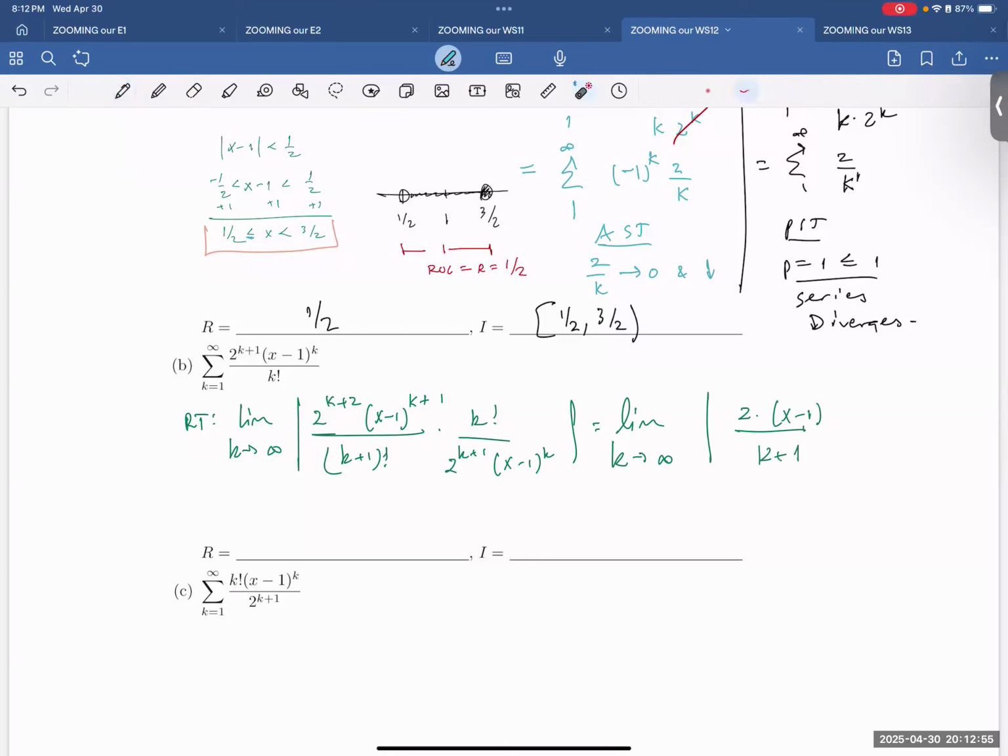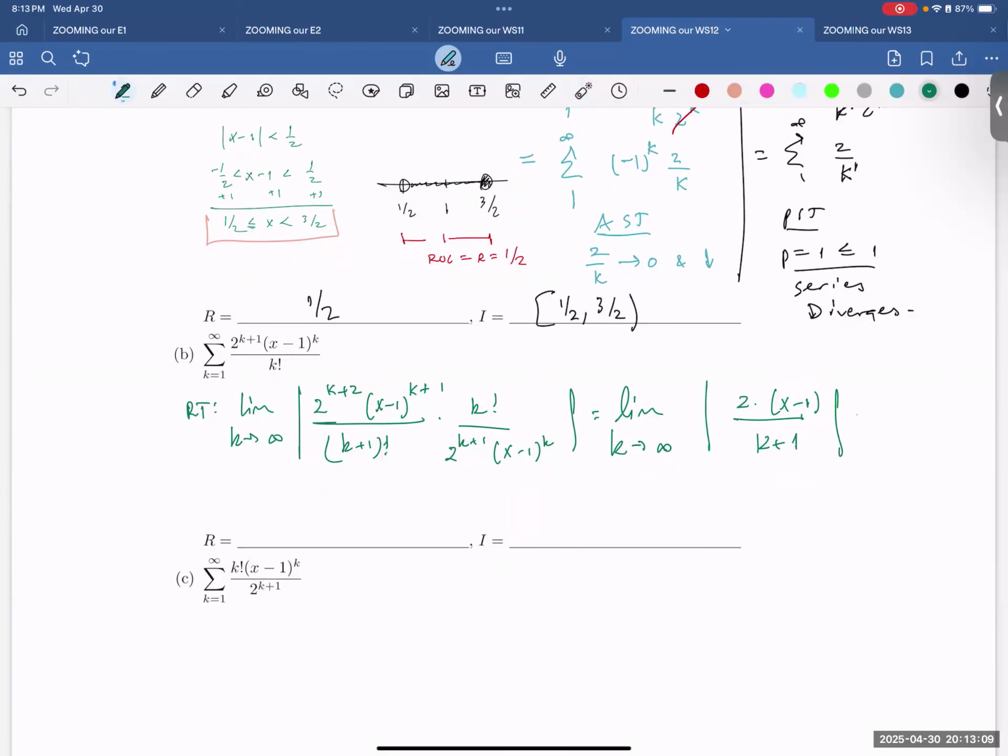K factorial. So again, the 2 to the k's go away, a 2 there cancels that one. You're left with 2 to the 1. The x minus 1 to the k's go away. We're left with a single x minus 1. K factorial over k plus 1 factorial gives you k plus 1. All right, that limit is 0.